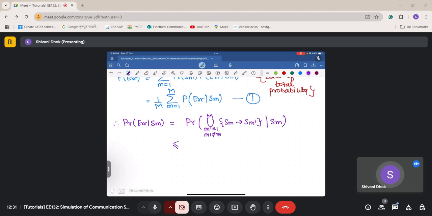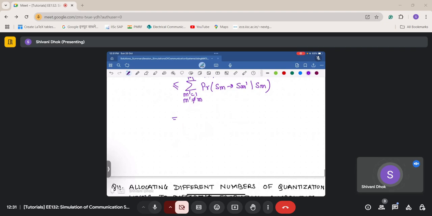So this is less than or equal to summation m prime equal to 1 to M, m prime not equal to m, probability that Sm gets converted to Sm prime given Sm. And this probability here, m prime not equal to m, is basically equal to Q function of d_mm' upon under root of 2 N naught. Okay, I request you to go and check how this comes up.